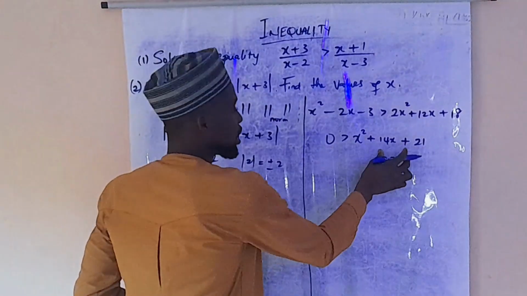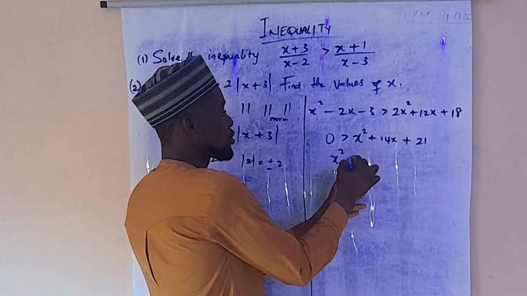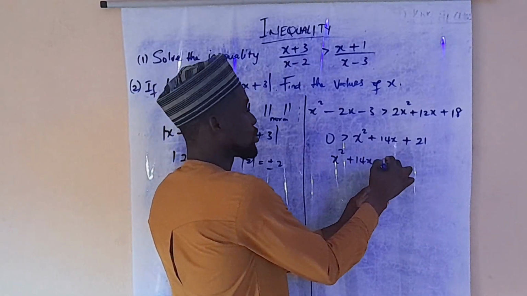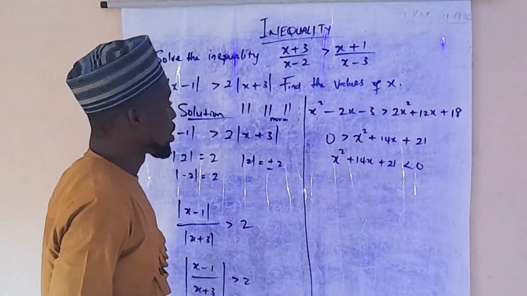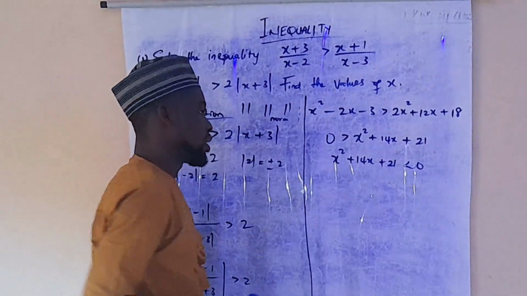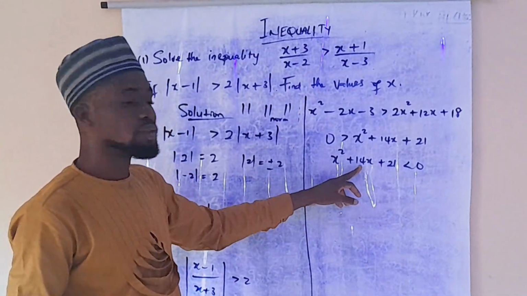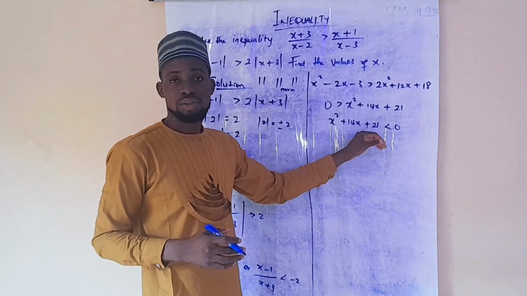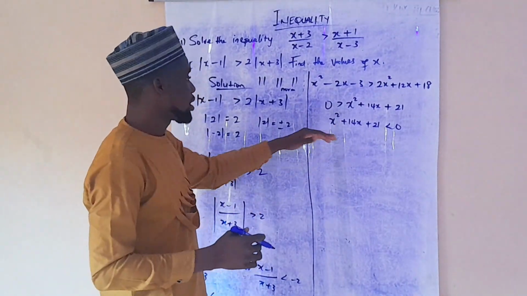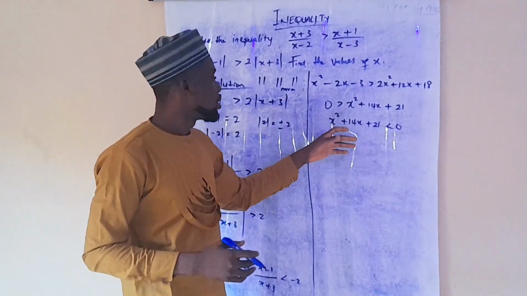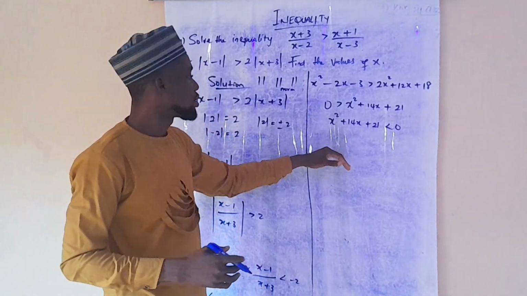Now, bring everything to the left back, so the inequality sign will change, leaving us with x squared plus 14x plus 21 less than 0. From here, what will I multiply to get 21 and add to get 14? If you can get those two values, solve and conclude. If you can't, use the completing the square method, factorization method, or formula method.